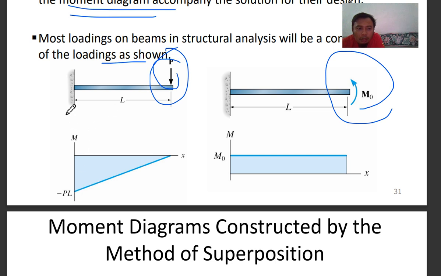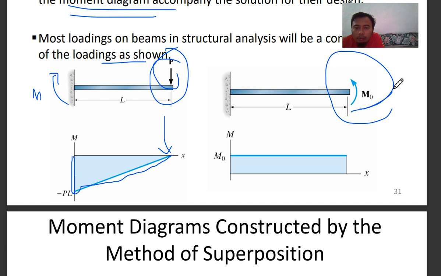That's why you have a spike here, a vertical value of P times L, which is the moment reaction here. And then the moment is reduced, counteracted by the reducing forces up to the end. There's no moment. That is for the point load.